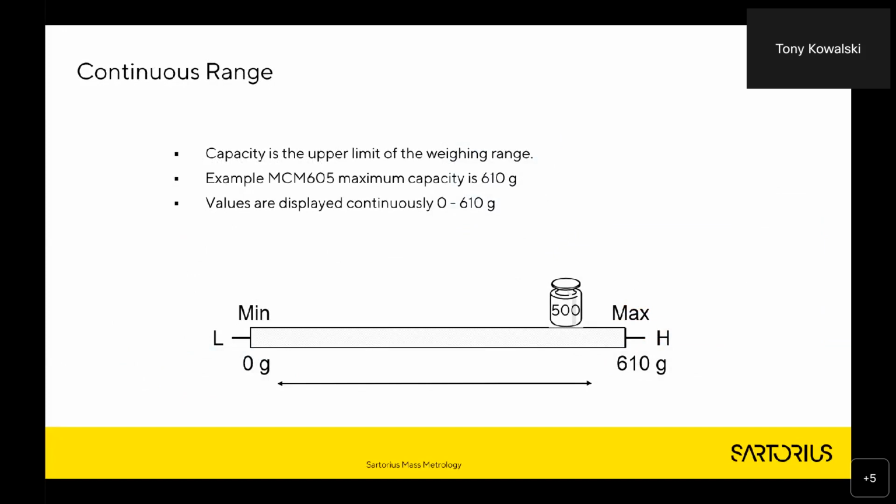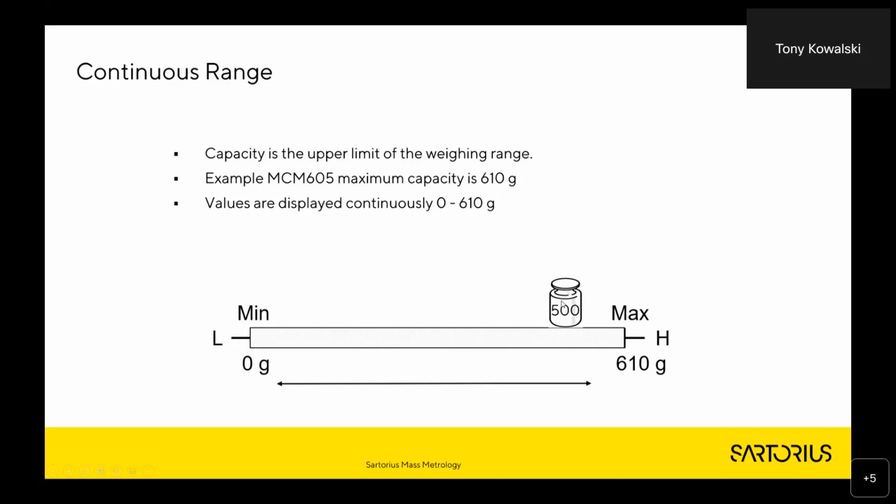So this particular model, it's an MCM 605. It has a maximum display capacity of 610 grams, which means that when you start from 0, any value that you put on the weighing pan, you will see a value in the display all the way up to 610 grams.